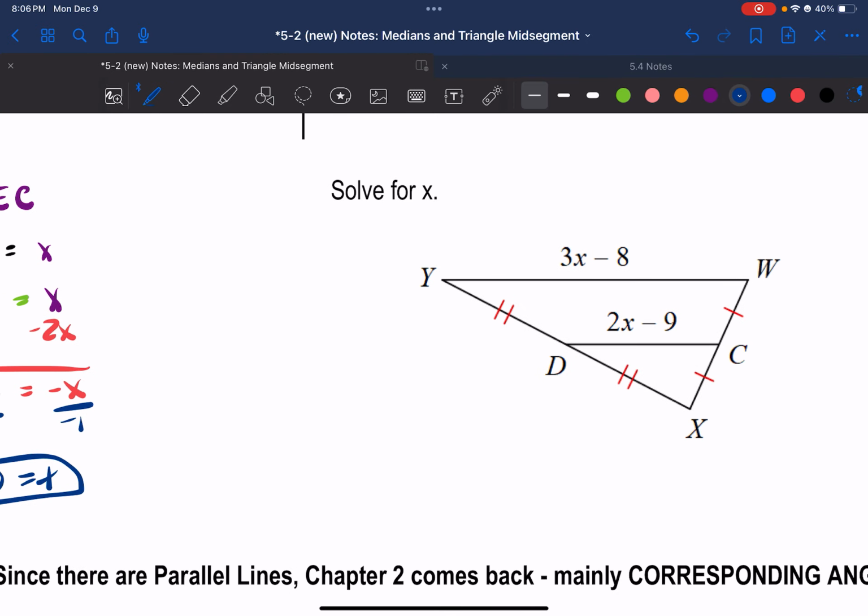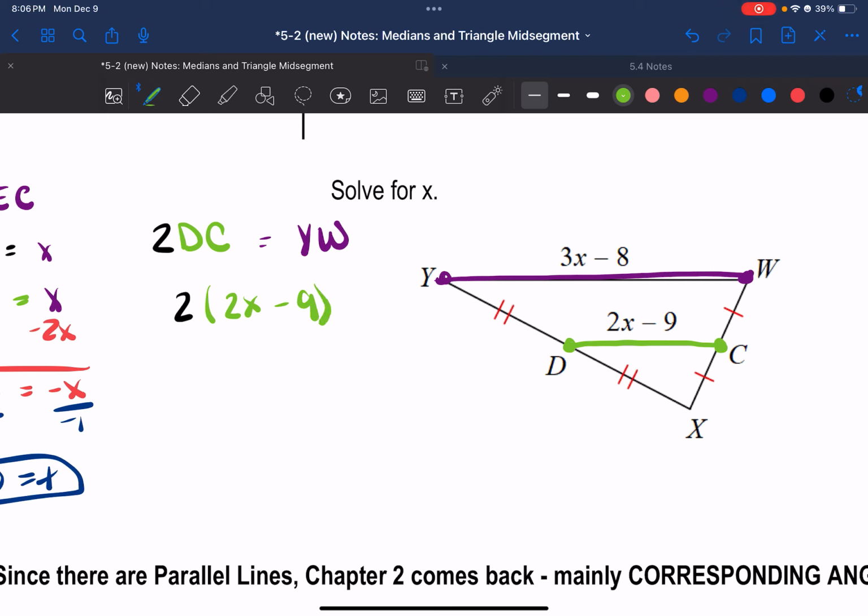Coming over here to the next side, we'll find our midpoints, D and C. So we are going to double DC and set it equal to the side of the triangle, which is YW. So 2 times (2x minus 9) is equal to 3x minus 8.